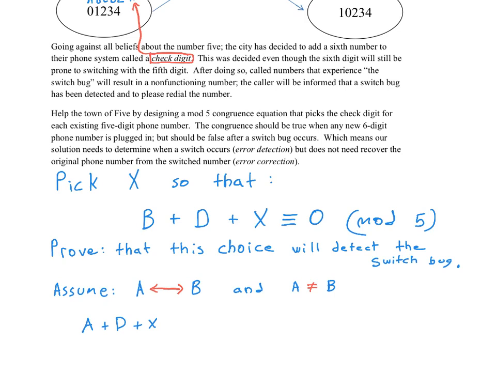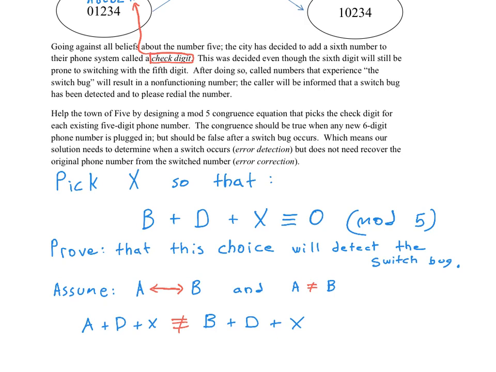Well, this expression in mod 5 is certainly different if we were to sub in B for A, because they're different digits to begin with. So if you put the B back in, you get something different.